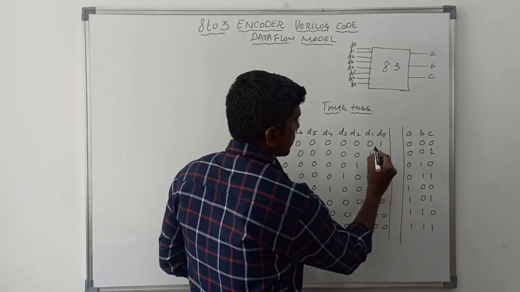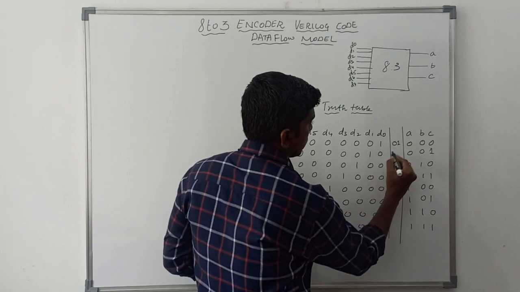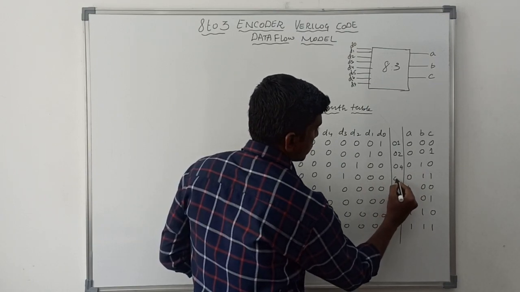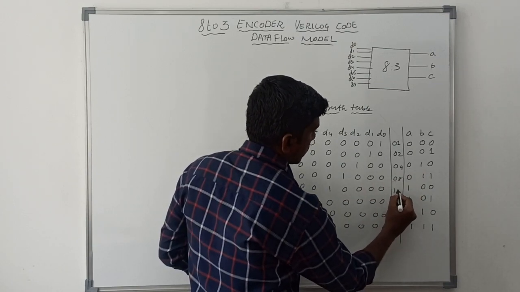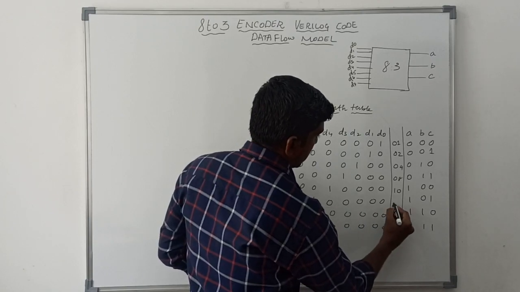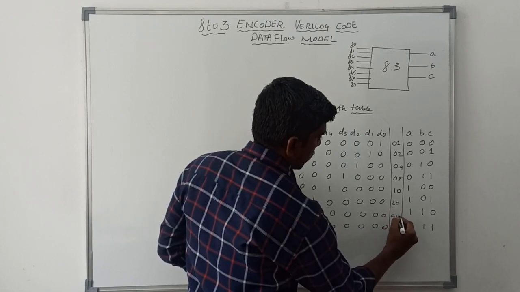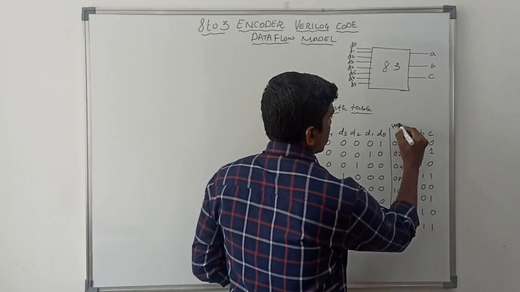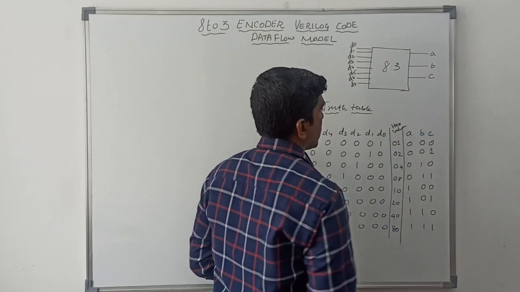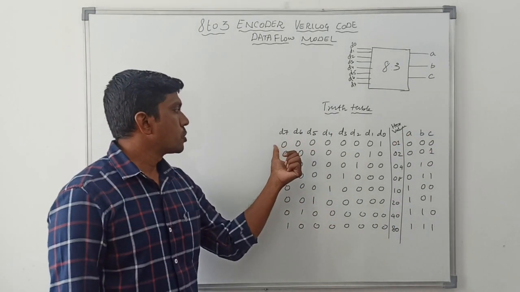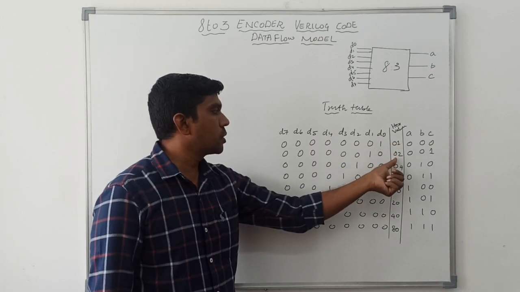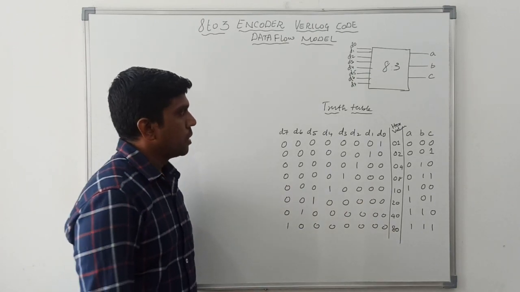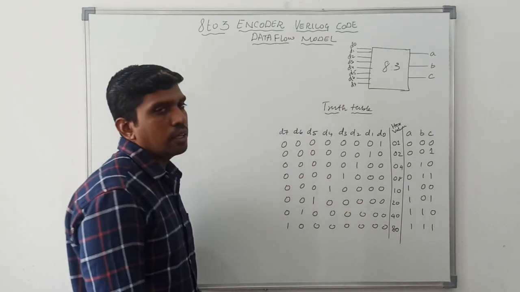The corresponding hexadecimal values are 01, 02, 04, 08, 10, then 20, 40, 80. So that is the hex value for the corresponding inputs. So first input is 01, then 02, 04, 08, 10, 20, 40 and 80. So it's the truth table for the 8:3 encoder.